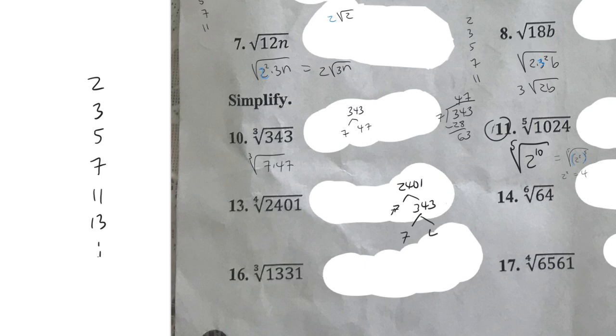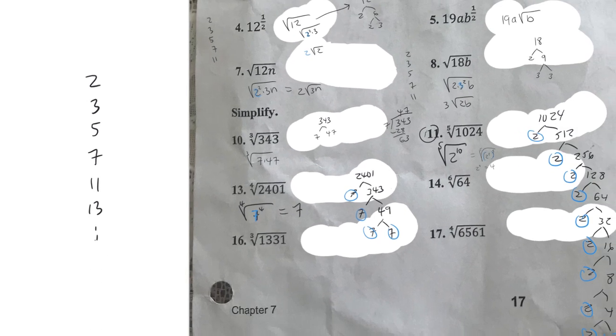That's going to be 49. And then, of course, that's 7 and 7. So it turns out that there are 1, 2, 3, 4 sevens. So therefore, 2,401 could be rewritten as 7 to the fourth. Who gets out of jail? This blue 7 gets out of jail. So therefore, we're looking at just a 7.